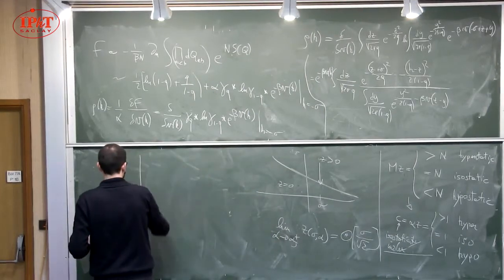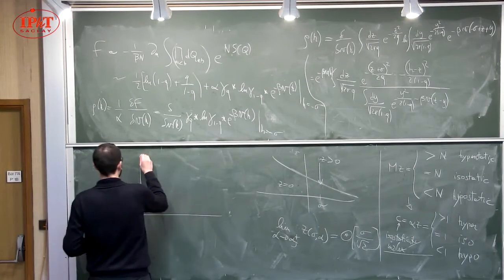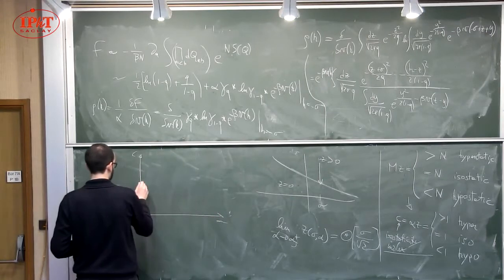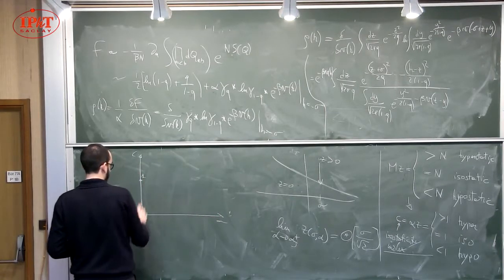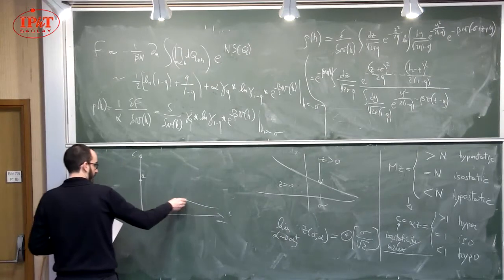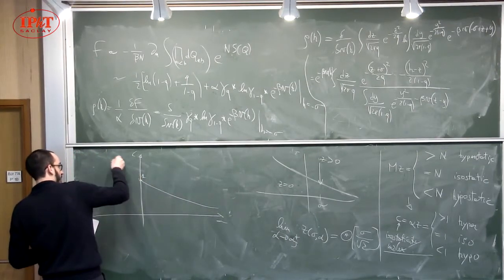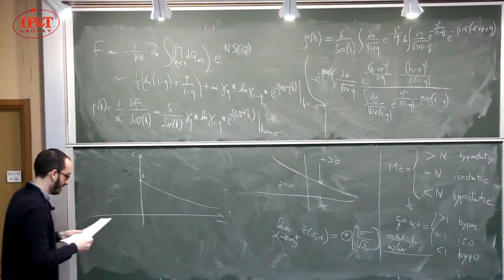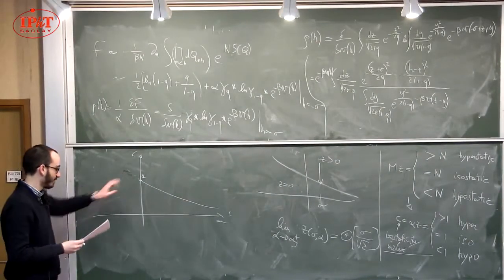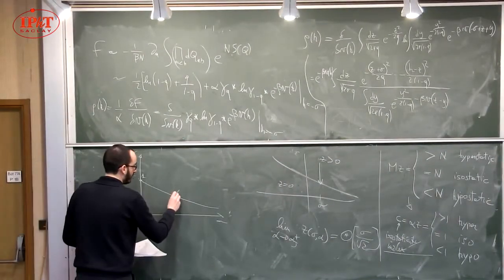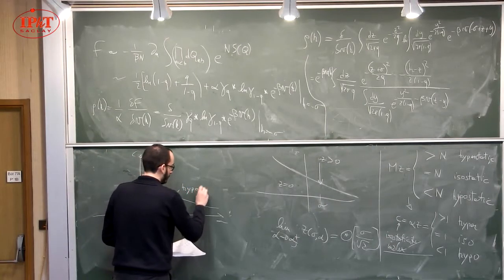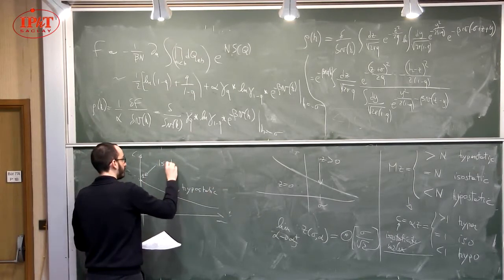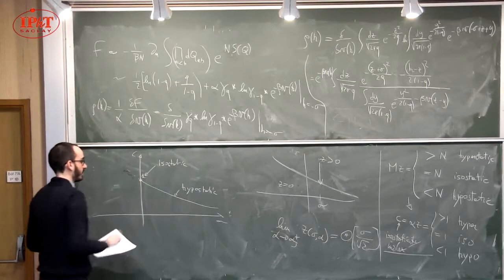And what you get is the following. So this is C as a function of sigma. So this is 1. So it's something like that. And then in principle here it goes up. I don't want to write this because I will tell you why. So here it's hypostatic. And here it's isostatic, exactly at this point.